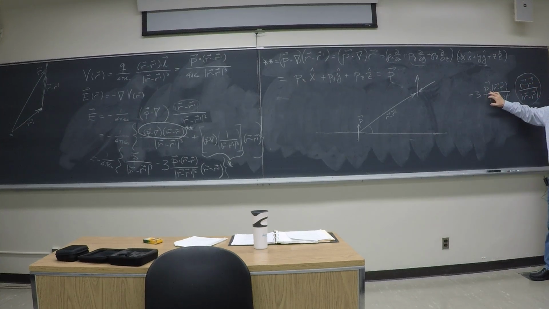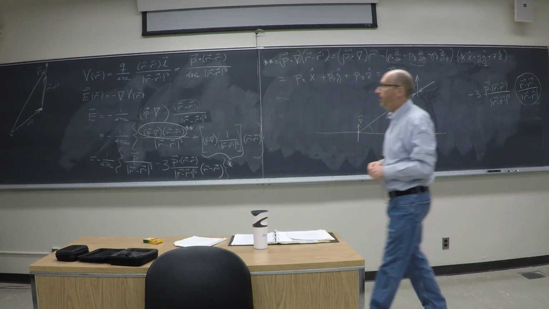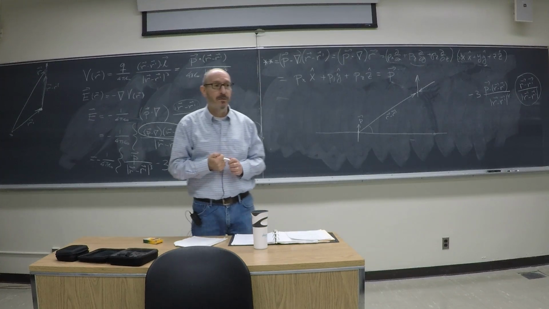It will be maximum when P and r minus r prime are aligned. So when I have points along the line of P, this scalar product is going to be maximum, and when I am on that perpendicular plane, it's going to be minimum. Okay? So I think that's sort of everything that we can say about what's going on with this electric field.